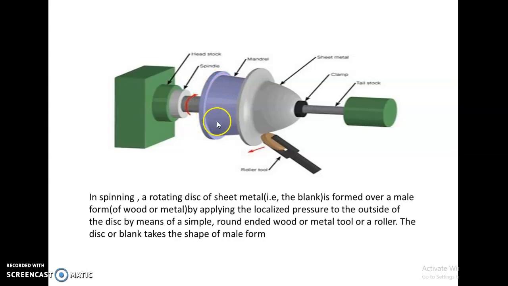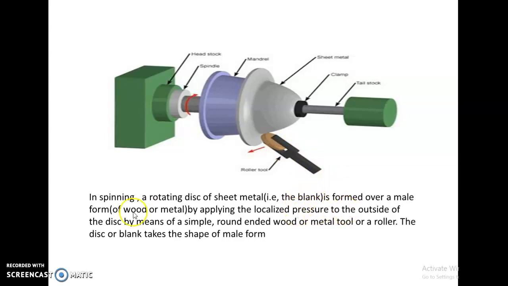It has the existing shape, and the disc is rotated with the mandrel. It is formed over a male form of wood or metal by applying localized pressure. We are going to apply the localized pressure using the roller tool. This can be automated using a CNC lathe.